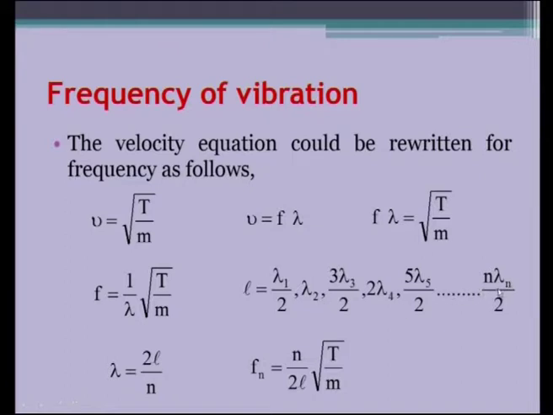When we incorporate this final general term into the equation, we finally get the frequency of vibration equal to n divided by 2L times the square root of T divided by m, and here this n tells the number of loops formed in the vibrating string. So, what is the conclusion? What decides the number of loops formed on the string? It is the frequency with which the vibration occurs.